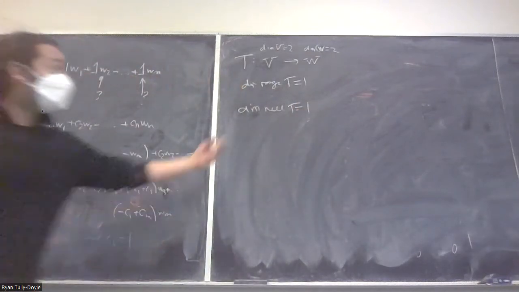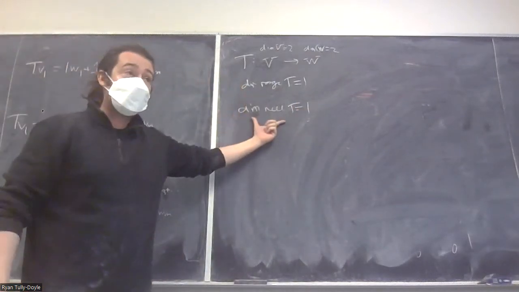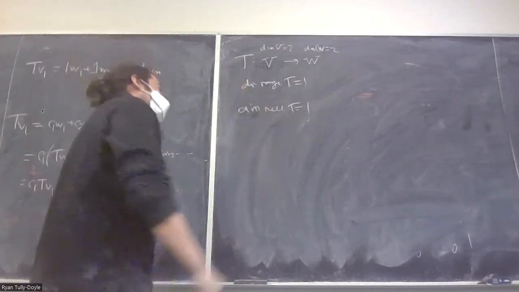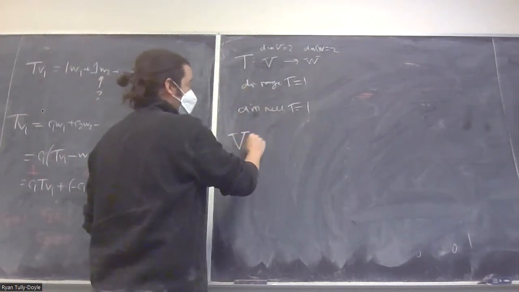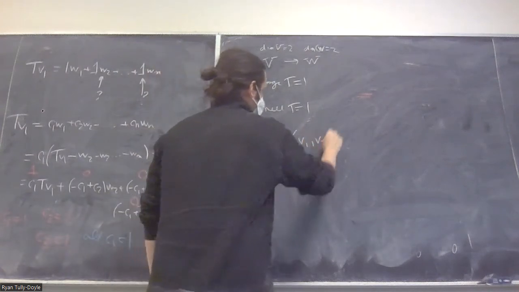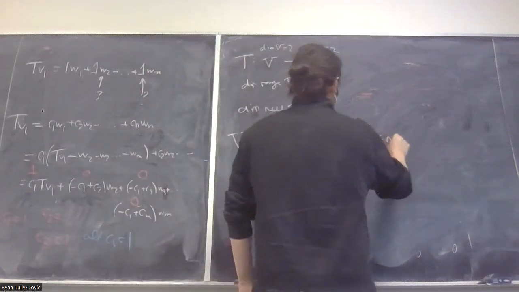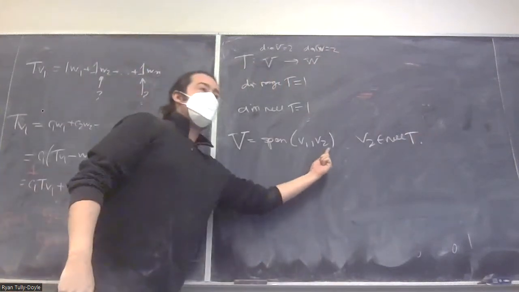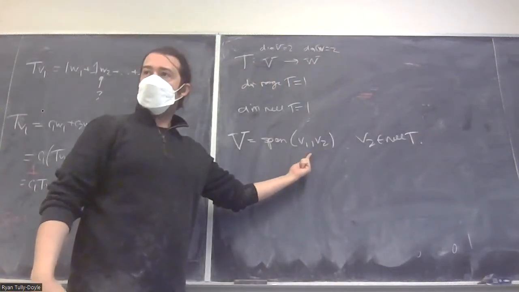If I'm given this information, typically I'm going to be using this theorem somewhere. So if the dimension of the null space of T is equal to 1, then V is equal to the span of, say, V1, V2, where V2 is in the null space of T. I extend it to a basis for all of V by putting one extra vector in it.